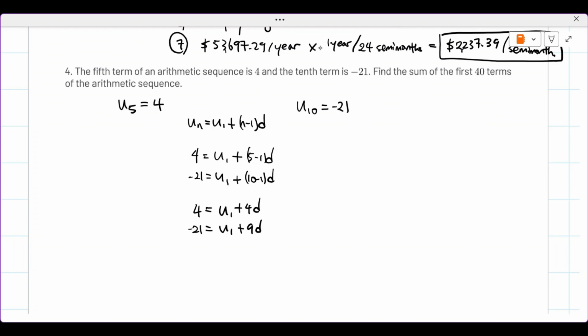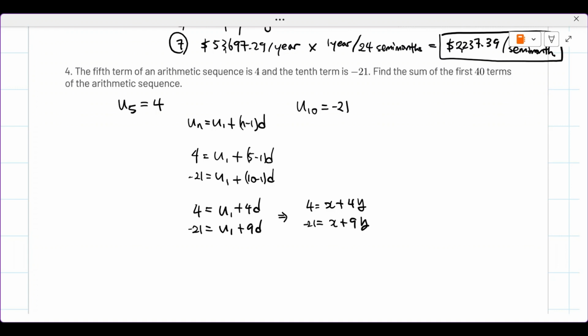I think it's quite natural to use the elimination method at this point to find u1 and d. But instead, because I'm a cooler person, I'm going to switch this into x and y: 4 equals x plus 4y, and negative 21 equals x plus 9y.